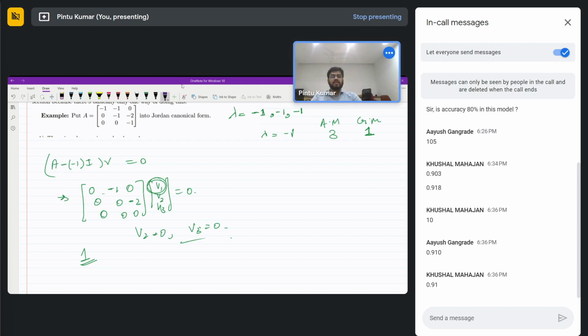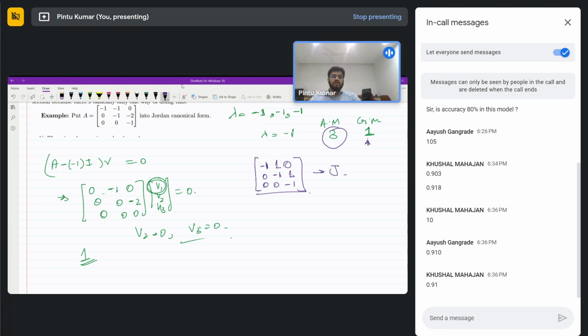So in this case, I will have only one Jordan block of size 3, because the total size should be 3. So how would a single Jordan block of size 3 look? The diagonal entries will have my eigenvalues, that is -1, -1, -1. The superdiagonal will have 1 and the rest everything 0. So for this case, my J matrix will look something like this.